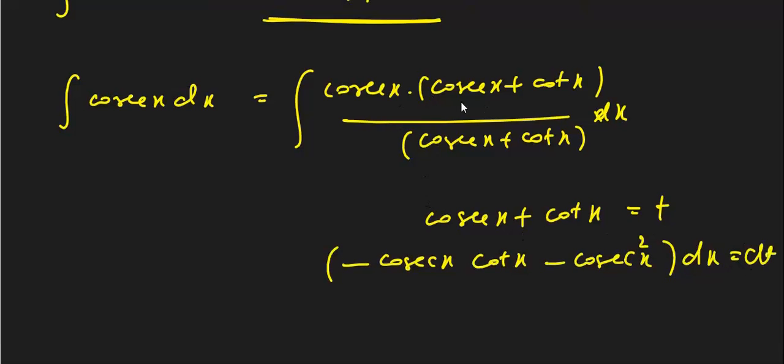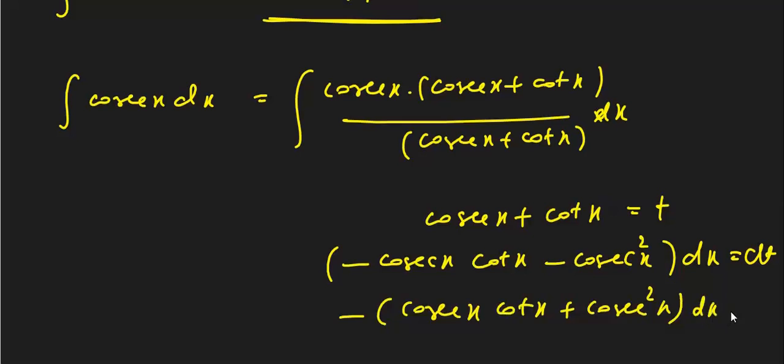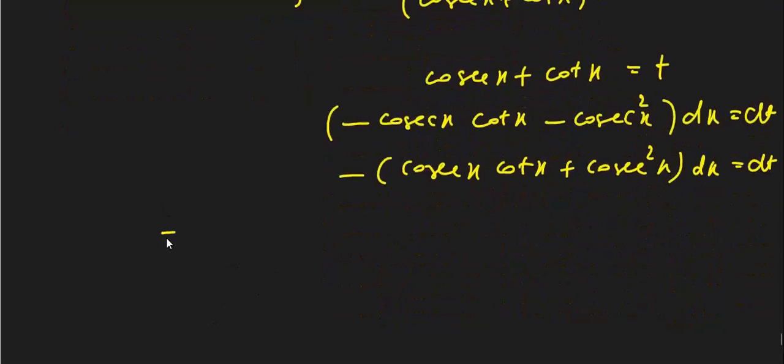If you observe the numerator, if you multiply these two together, we'll get cosecant square x plus cosecant x cot x. So to get that form, consider minus as the common factor outside. So we'll get cosecant x cot x plus cosecant square x dx. That becomes dt. So in the function, we can write it as minus integral dt divided by t.